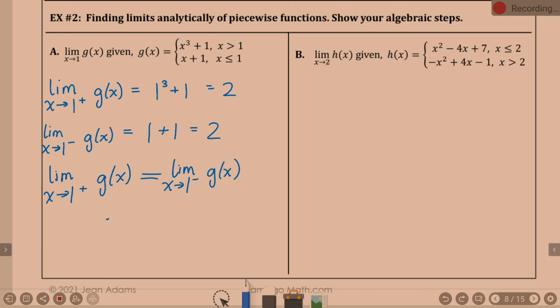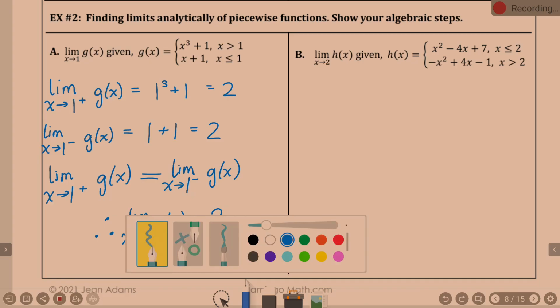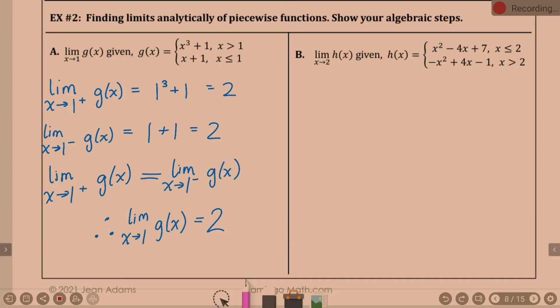And so we can now say, therefore, I'm going to use those 3 dots, the limit as x approaches 1 of g of x is equal to 2. Now, that might be a lot more than you want to write. However, when you hit a free response problem, this is the type of notation that is official notation. So what I'm demonstrating here is just good old AP notation.